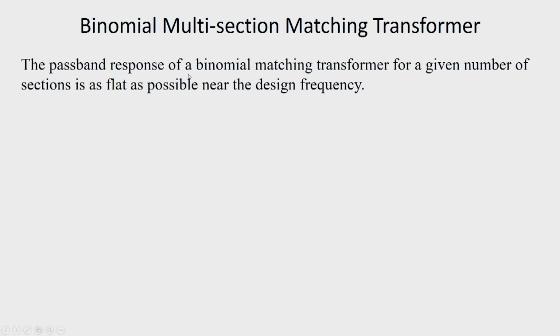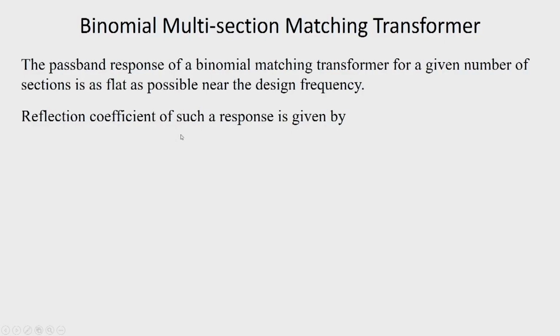Now, the passband response of a binomial matching transformer for a given number of sections is as flat as possible near the design frequency. So, that is why it is also called maximally flat response, and in this type of design, the reflection coefficient gamma theta can be represented as gamma theta is equal to A times (1 plus e to the power minus j 2 theta) raised to the power N.